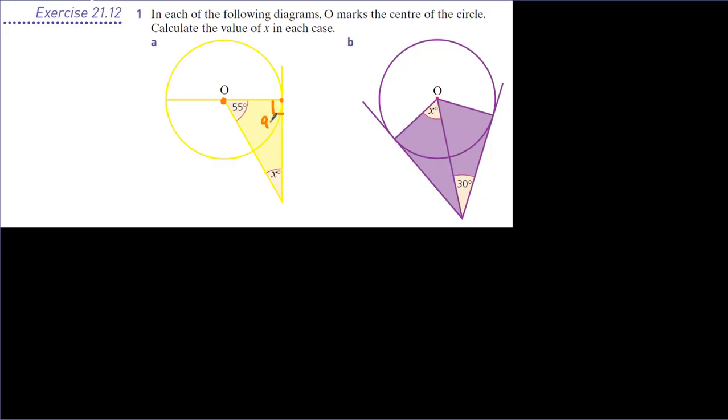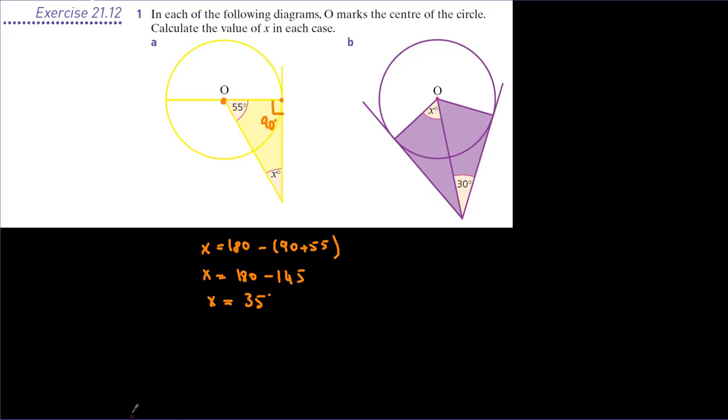So if this is 90 degrees, then x has to be equal to 180 minus (90 plus 55), because it is a right triangle now. Then x is equal to 180 minus 145, and x should be equal to 35 degrees.